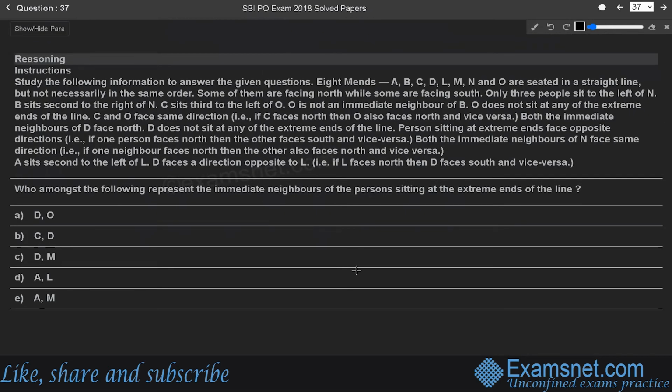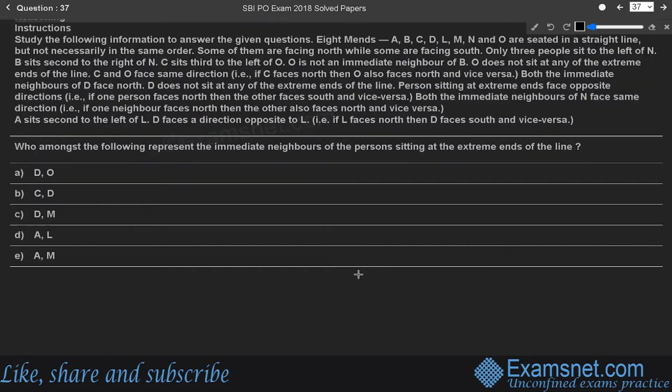Next question also has the same directions. So first, let us make the sitting arrangement.